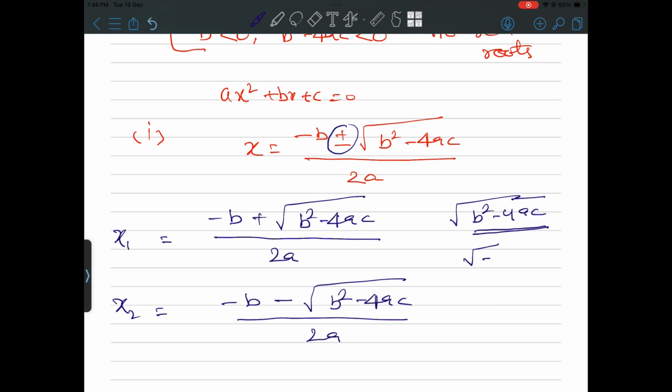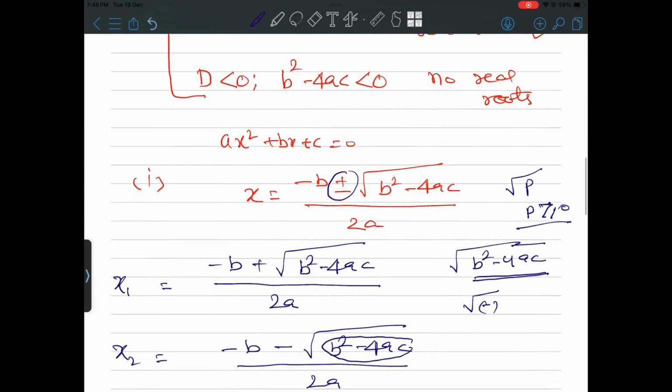We cannot find the value, because the value inside the under root must always be greater than or equal to 0, right? If your discriminant is negative, it means there are no real roots.